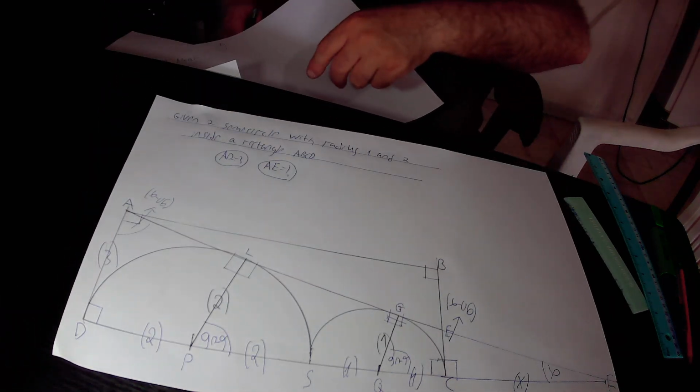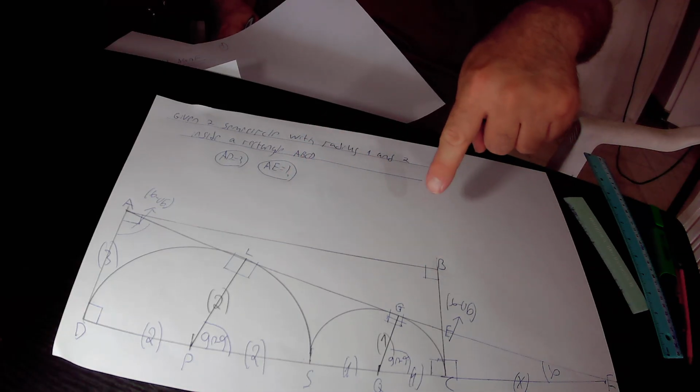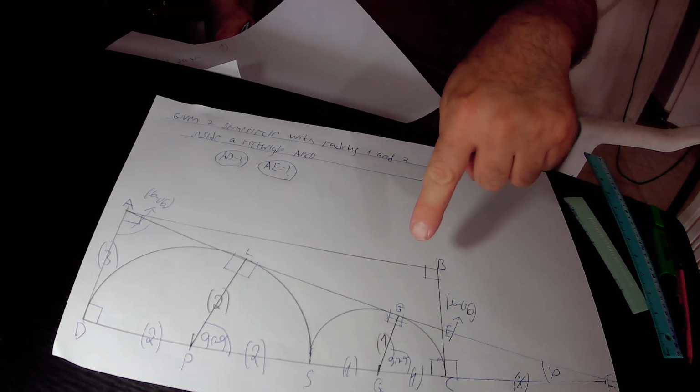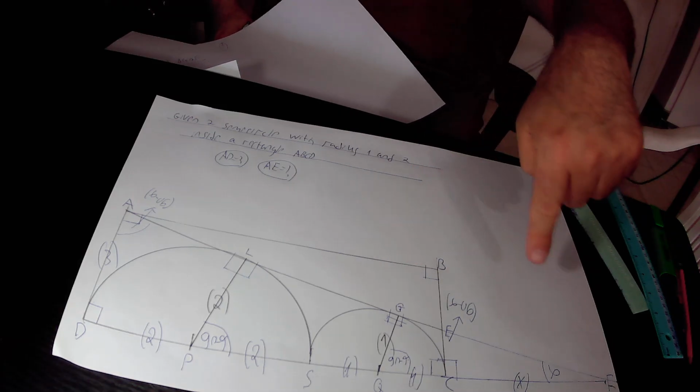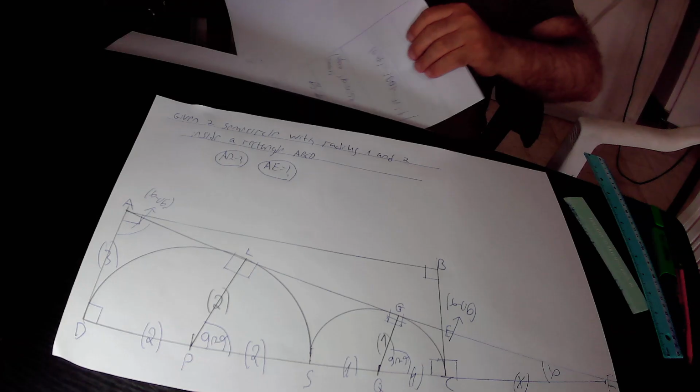So we found that all the angles in the big right triangle LPF are correspondingly equal to all the angles inside the small right triangle GQF, and therefore those two right triangles are similar to each other according to the angle similarity rule.